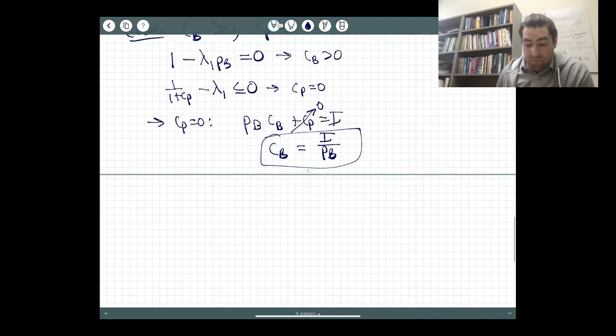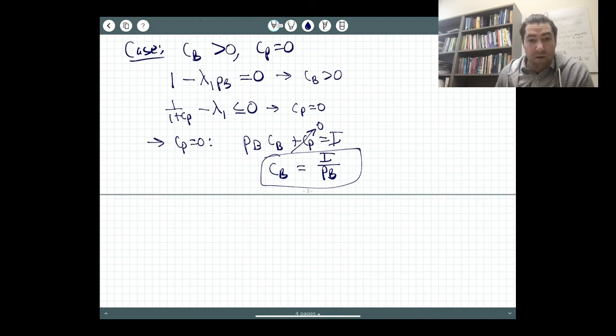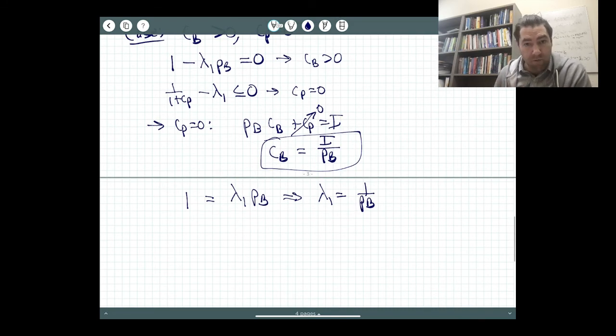So then, let's check, right? When would CP be equal to 0? Well, I can take my first order conditions. I know that 1 is equal to lambda 1 times PB, so that lambda 1 is 1 over PB. And what we already reasoned out before, but I'll review it again, is that 1 over 1 plus CP, which is 0 in this case, has to be less than or equal to lambda 1, which is 1 over PB.